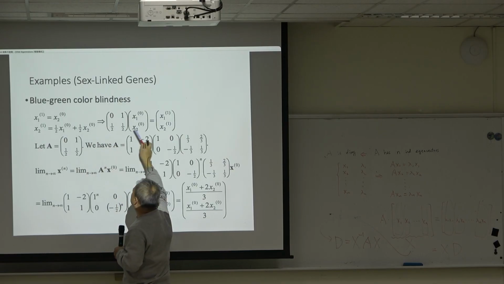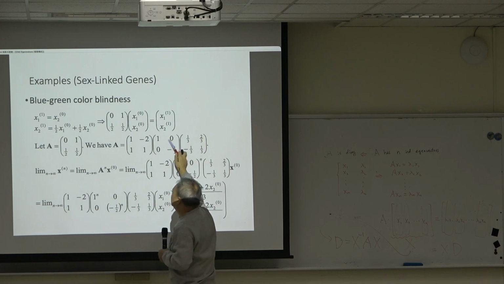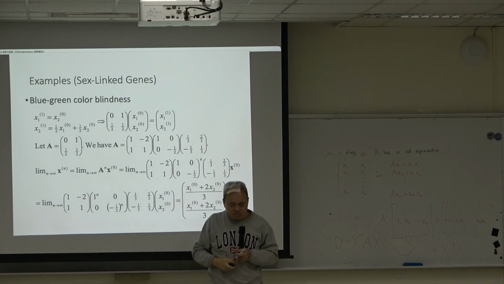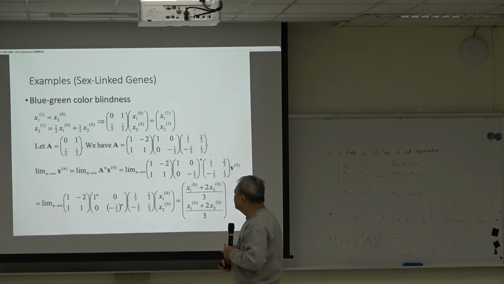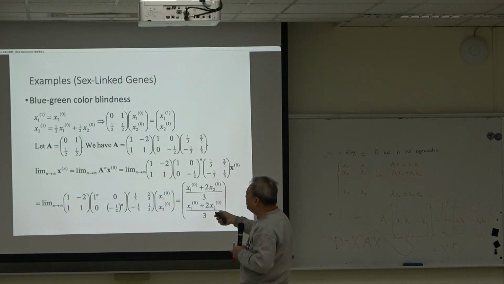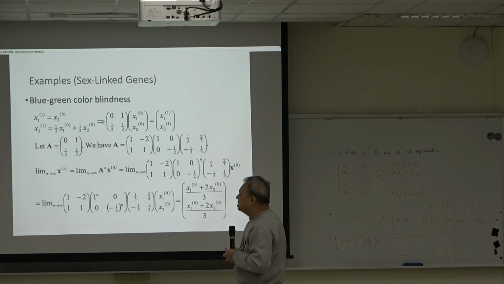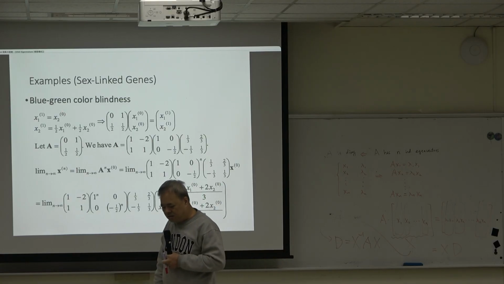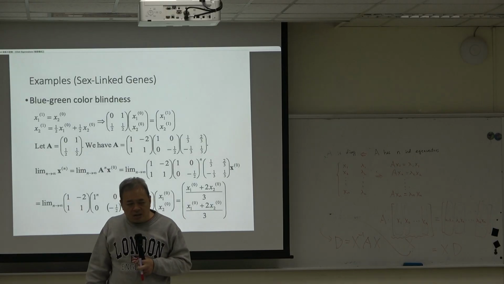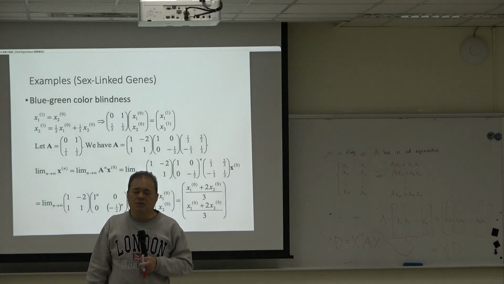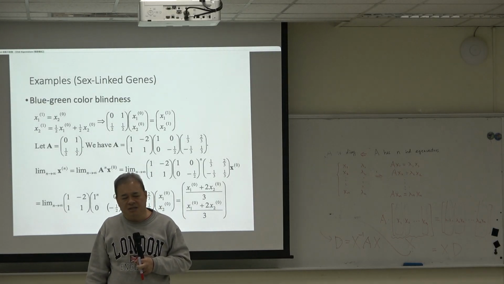So you can represent this in matrix form, and then obviously you get an A like this. So this is a Markov process, right?